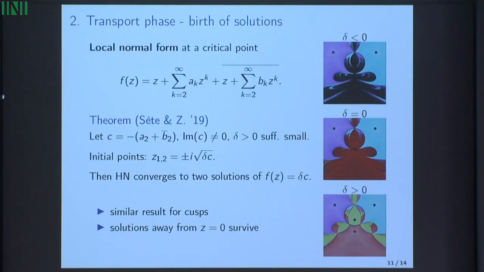Then it's very similar: we have two initial points, and we can guarantee that the method will converge to two solutions of this equation with these initial points, if delta is small enough. This just means that the etas are close enough to each other.